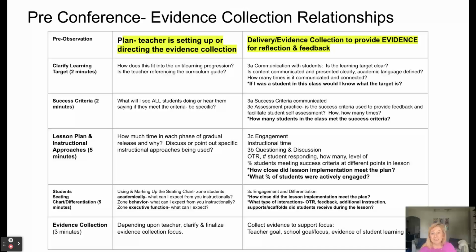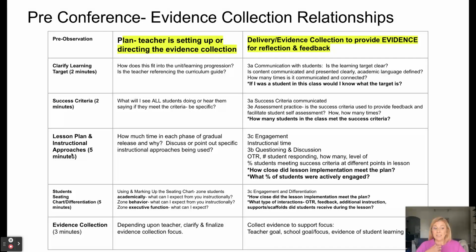Okay, so I want you to see the connections between this pre-conference and the observation. And again, I'm doing this as a plug for the value of a pre-conference. I really think that if you skip the pre-conference face-to-face meeting, you're missing out on a lot of opportunities to facilitate effective reflection and assessment.